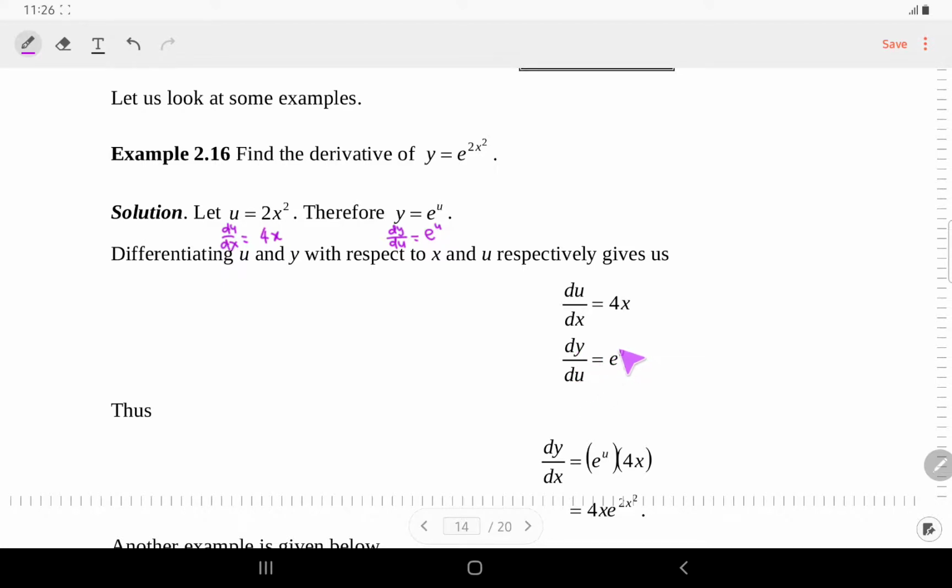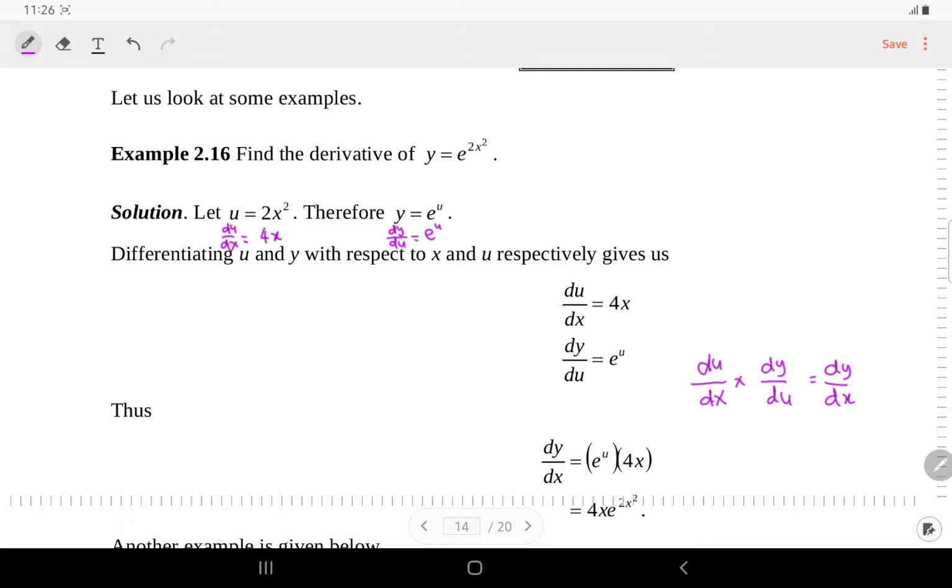And then what happens next, we need to multiply these two derivatives. So du over dx multiplied with dy over du. If we cancel out du, we will get dy over dx.